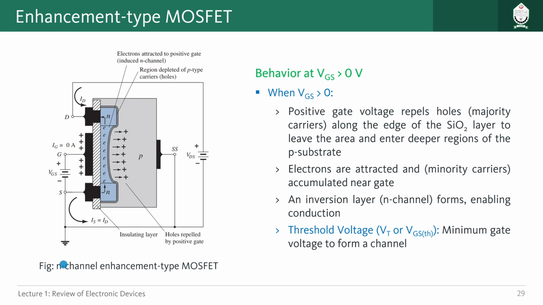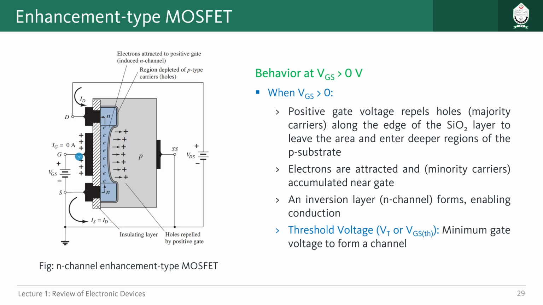Whenever we have VGS greater than 0, some positive voltage will be applied to the gate compared to the source, and you see the drain to source voltage is still positive, so VDS is positive and VGS is positive. What will happen then?